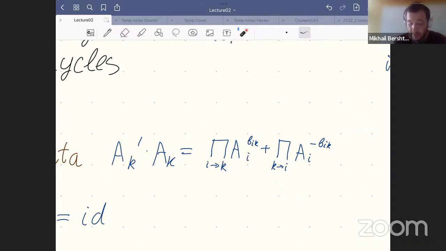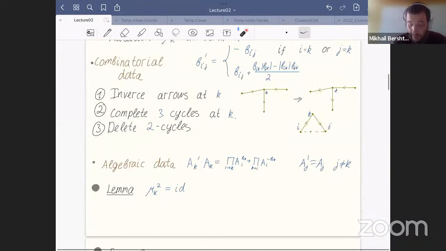And here we again have a positive power, which is now minus b_jk. So in this example, the new variable will be the product of these two plus this one, over the old variable a_k.